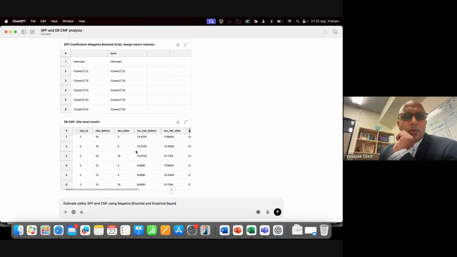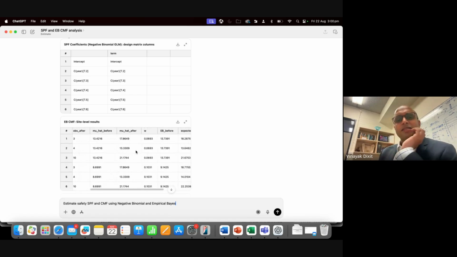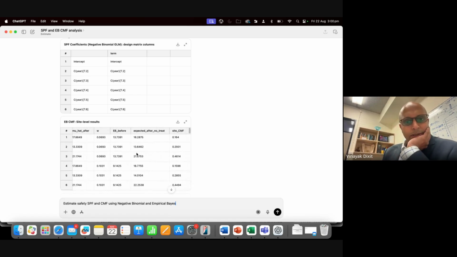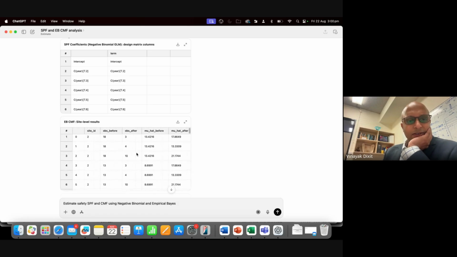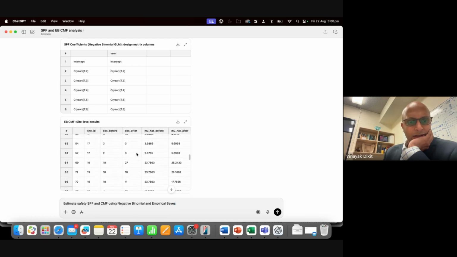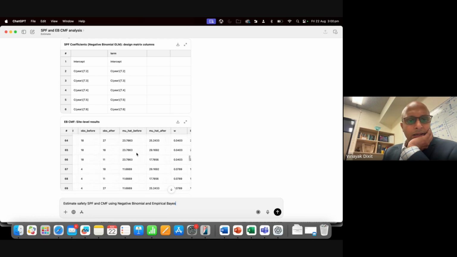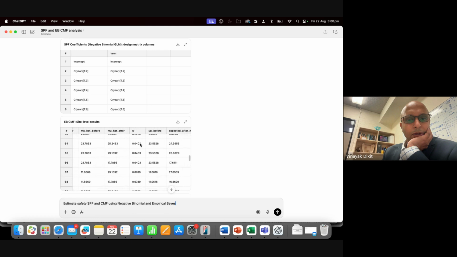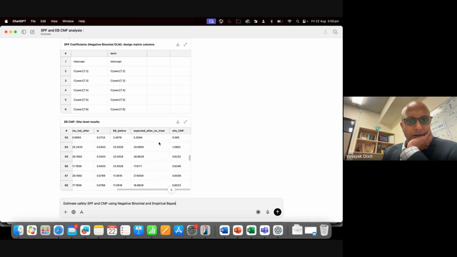What I also did was very similar to the previous example. I created site specific values. For each of the site IDs, I've created a before observation, after observation, mu hat, W's, EV before and EV after.